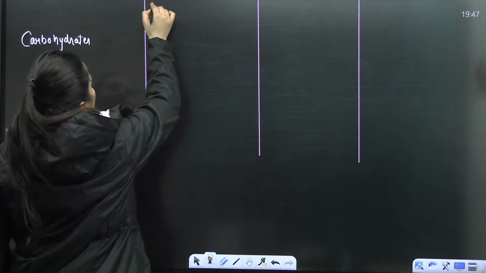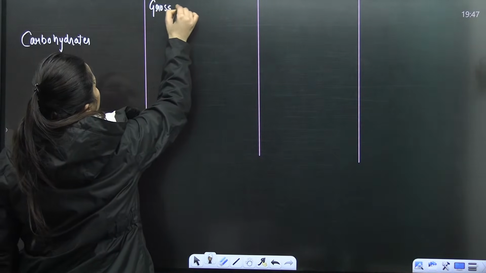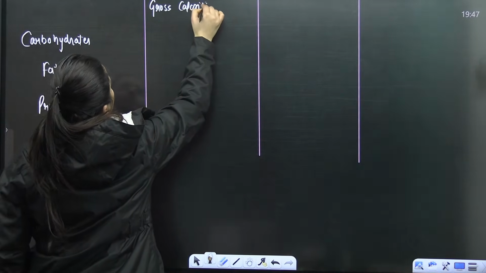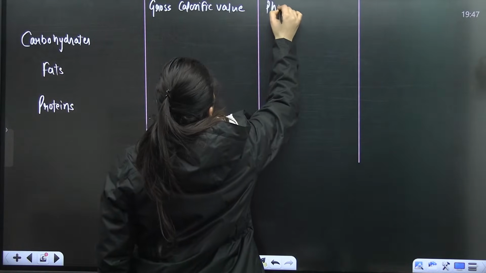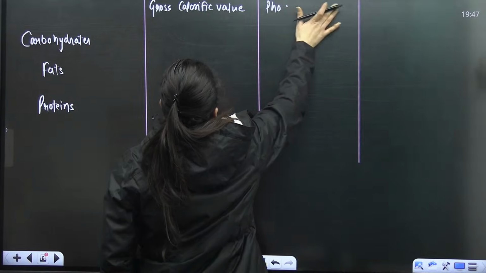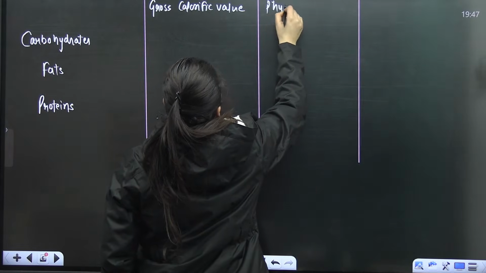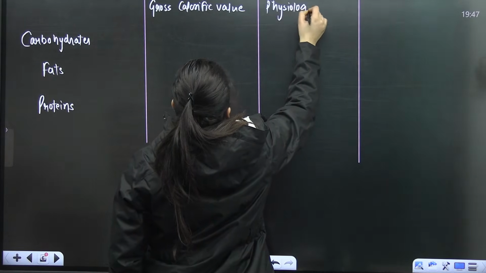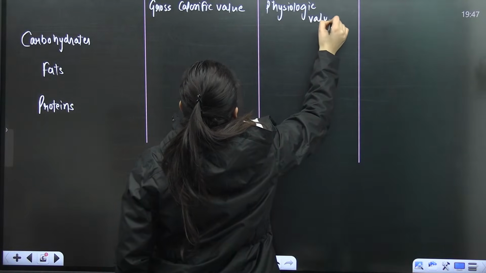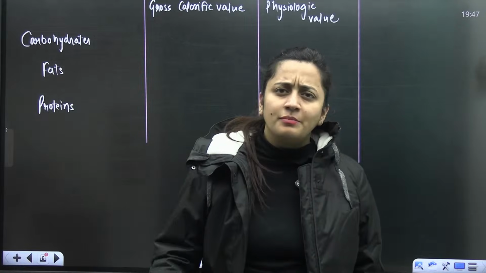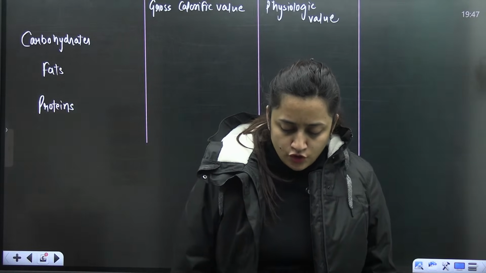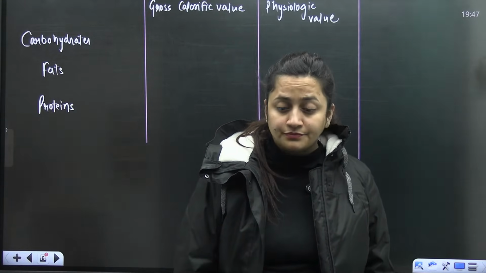There is something called the gross calorific value, and there is something known as the physiological value. The units will be kilocalorie per gram here. Do you know the differences in these?